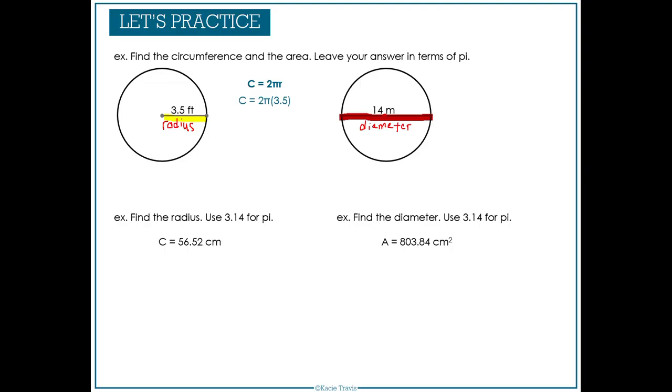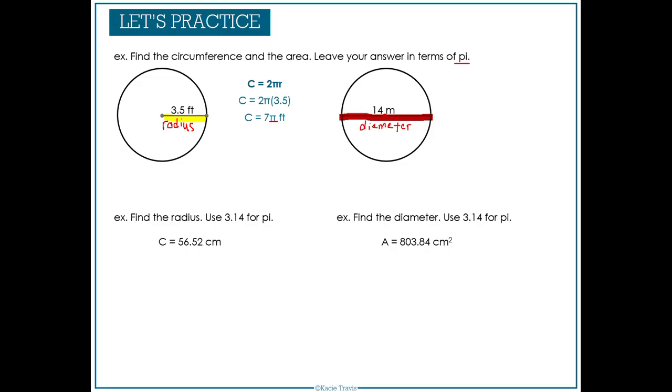You can only multiply the 2 and the 3.5. We're leaving the pi as pi for right now. So 2 times 3.5 gives us a circumference of 7 pi. We're only going to calculate what they absolutely want us to calculate. Anytime they say something like "in terms of pi," that means your answer has pi in it.